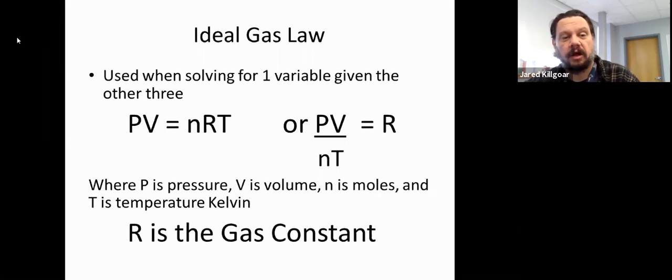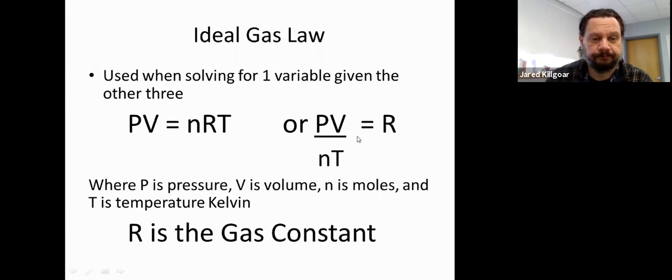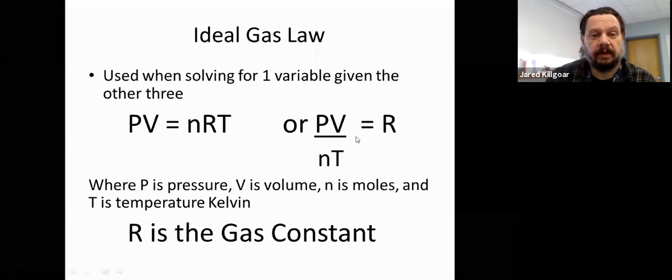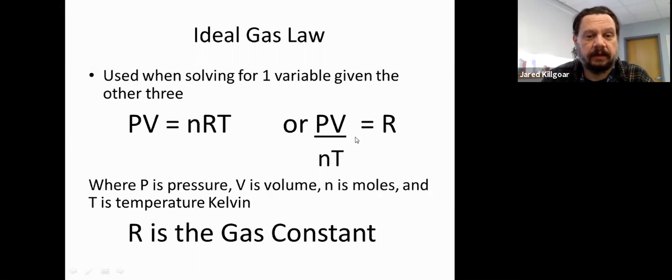In our class, I'll normally be using this form of the gas law, but sometimes people prefer the other rendition of it, modified by algebra. Both work and are essentially the same equation, just rearranged, one solving for R and one solving for PV or nRT.